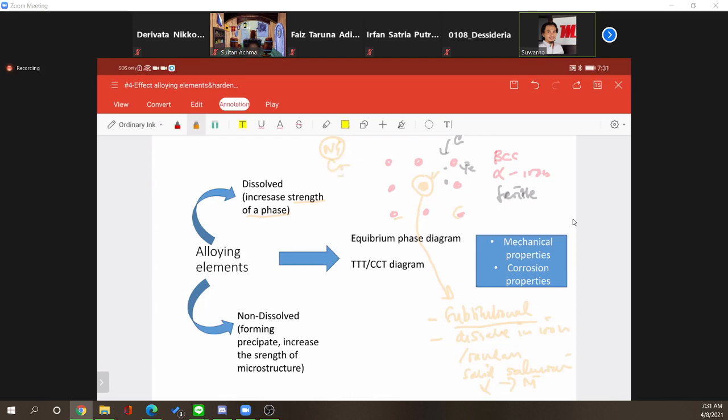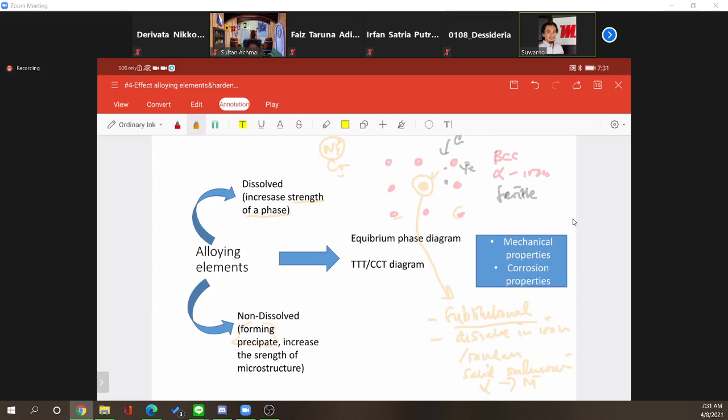then they will be saturated. There will be saturation of alloying element. Whenever it is saturated, meaning too much, there will be no random situation anymore. Then it becomes precipitate, forming another phase.